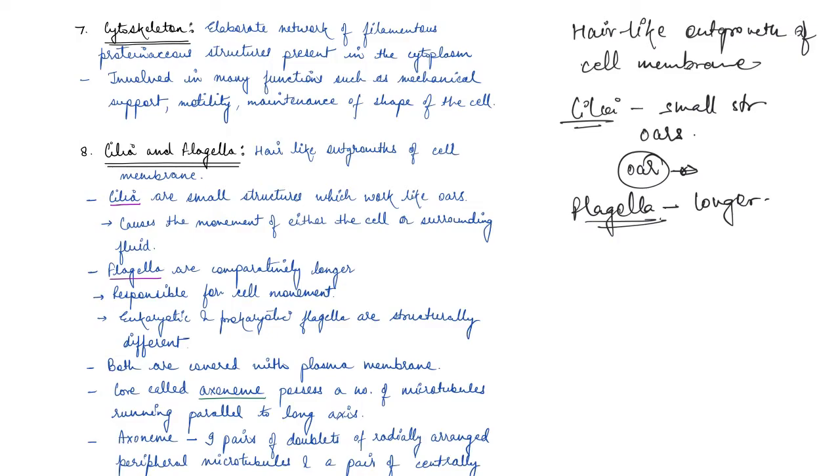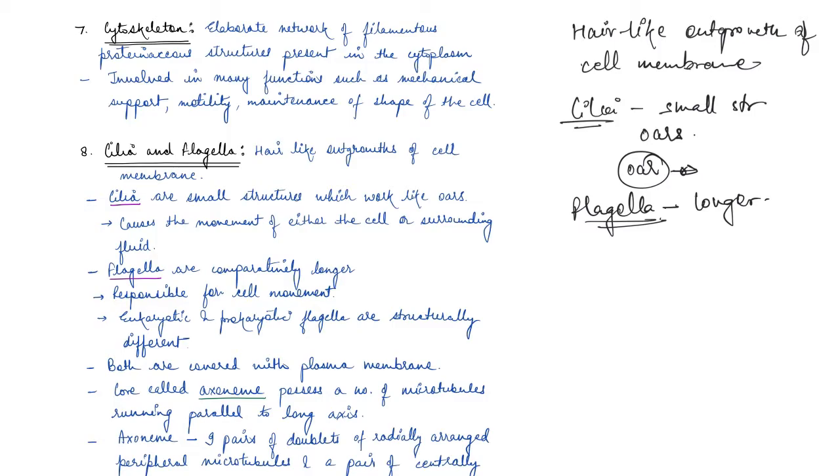Remember that, right? Now, if you study the cilia or flagella under an electron microscope, you'll see that they are covered with plasma membrane. They're outgrowths of cell membrane and are usually covered with plasma membrane.